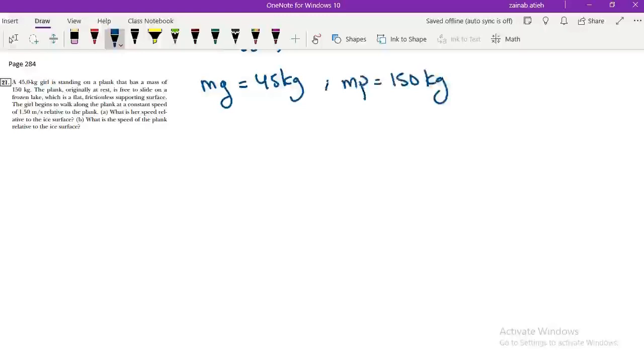The plank is originally at rest. It's free to slide on a frozen lake, which is a flat, frictionless supporting surface. The girl begins to walk along the plank at a constant speed of 1.5 meter per second relative to the plank. So the speed of the girl with respect to the plank is 1.5 meter per second.